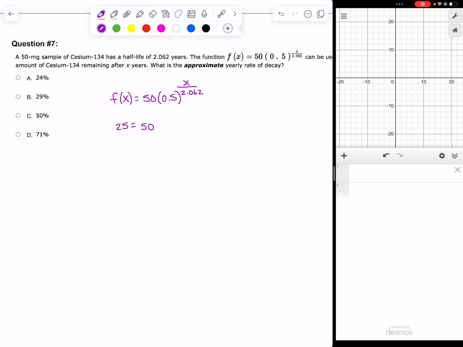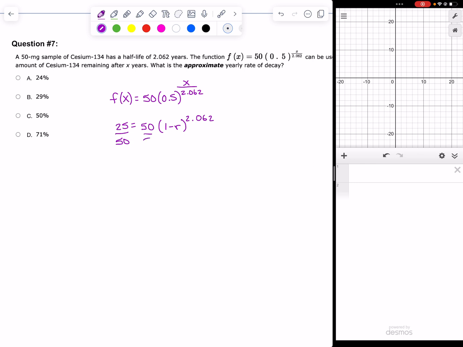So I put 50, and I decided to just use it as a growth function because it wanted the rate of yearly decay. So 1 minus the rate, and then we know it would take 2.062 years for half of it to decay, so that's going to be my time, and then I'm going to use that to figure out the rate.